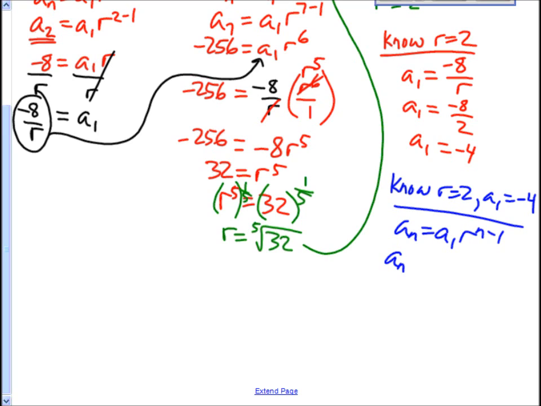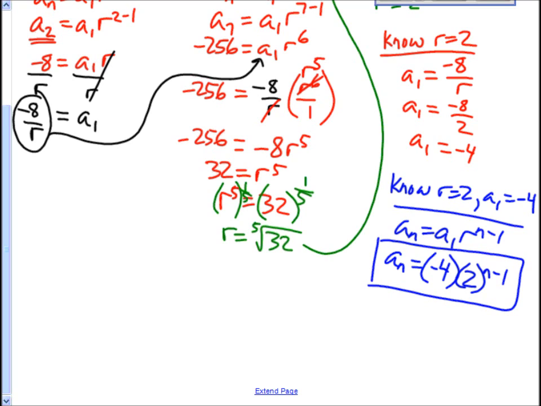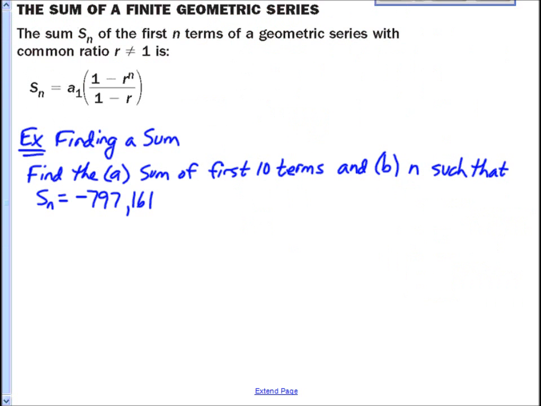So my first term, negative 4, my r, 2, to the n minus 1. There it is. Negative 4 times 2 to the n minus 1. Okay? So that's how you're going to solve that if you have two given terms, right? You have no common ratio, you have no first term. Okay, you go ahead and you make the substitution.